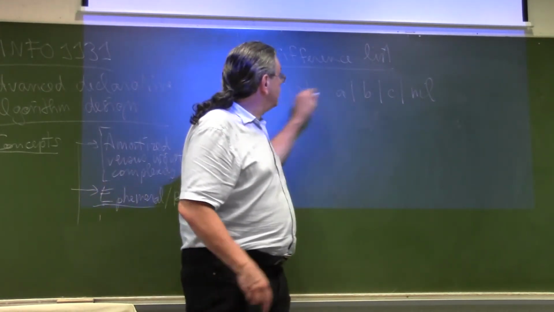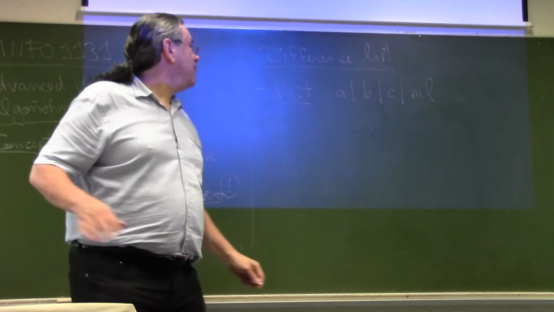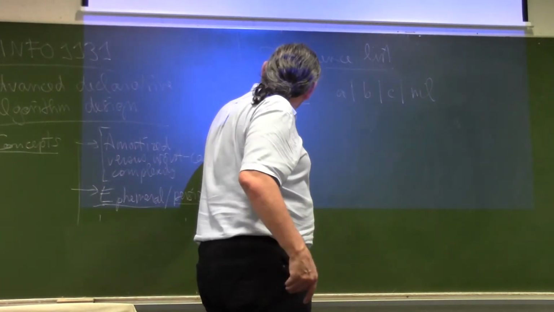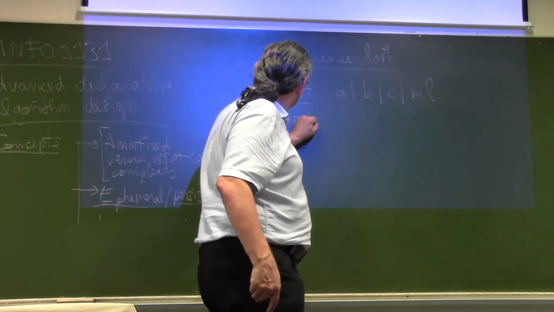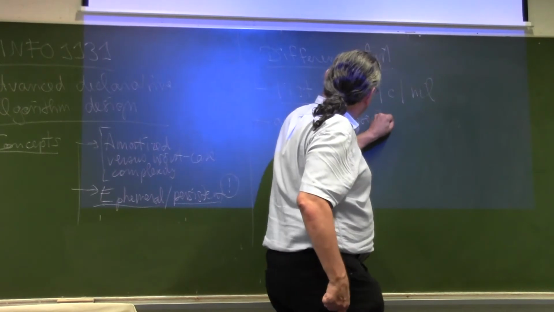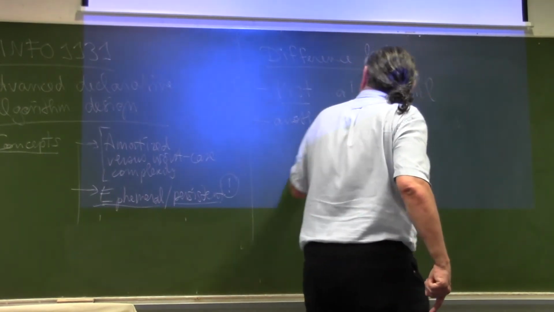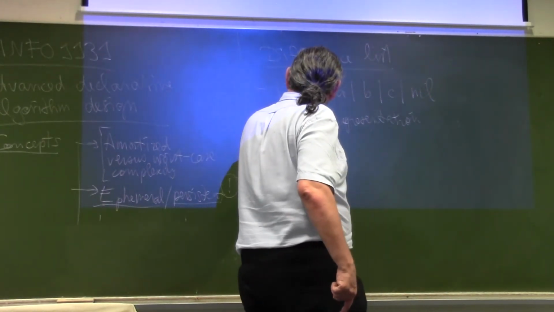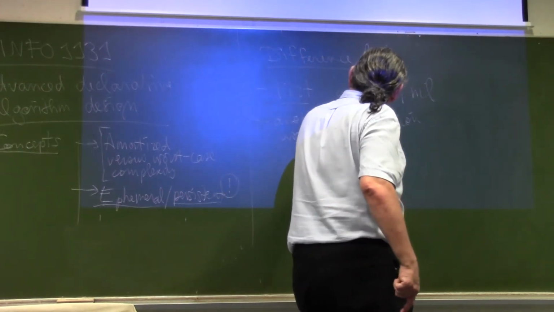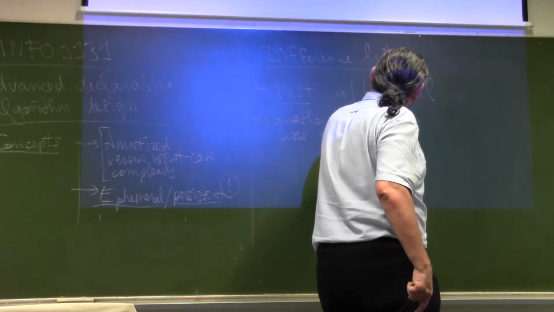Okay, so we saw this, you know very well what is a list. A difference list is another representation for this, okay? It's another representation that uses single assignment variables. So it's another representation for a list.